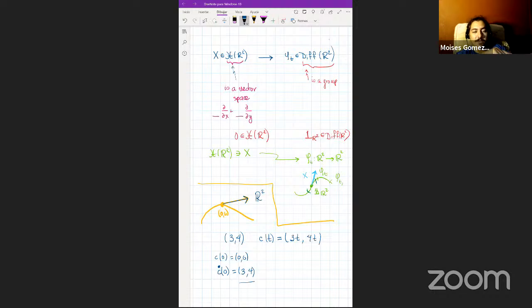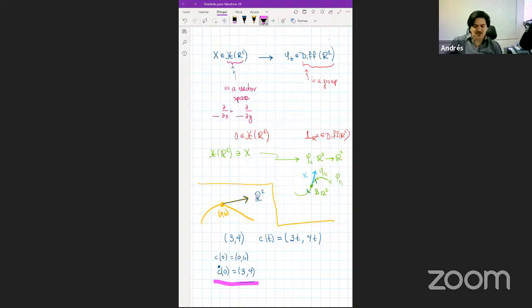Yeah, but the derivative is going to give you (1, 1). Your example, Moises, satisfies the first condition, at 0 equals 0, but the derivative will give you (1, 1). And we need the derivative to be (3, 4).